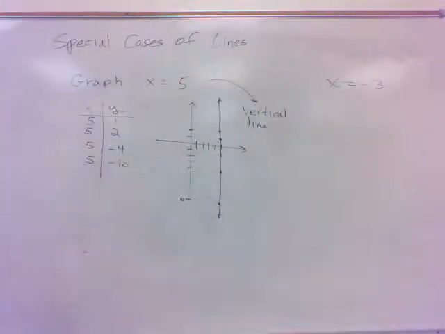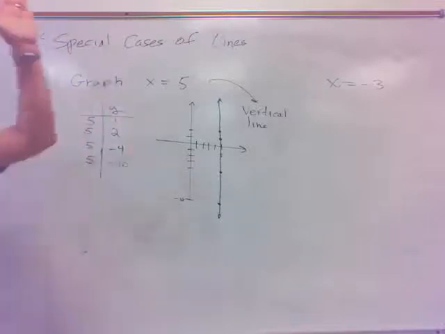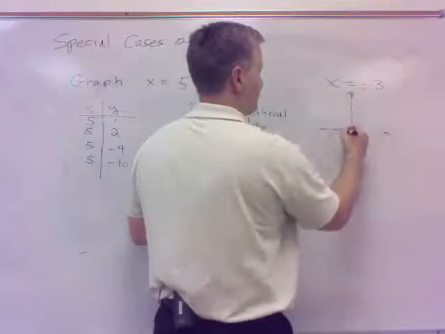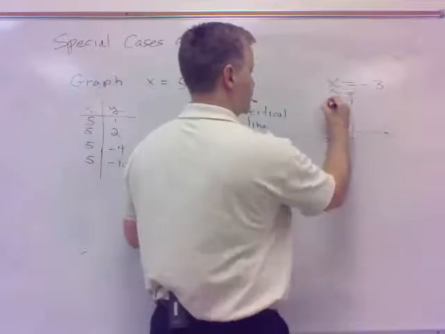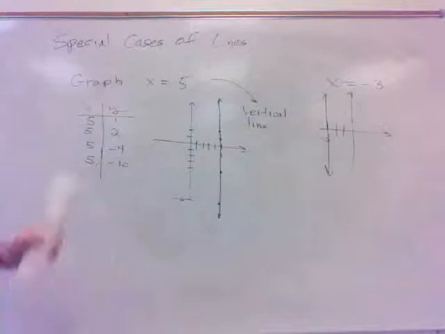Well, it's the same thing, except x is equal to a different number, so it's going to be the same thing except over here at -3, isn't it? It's going to be a vertical line that goes through -3. So it's on the negative side of the x-axis there, but it's still a vertical line.